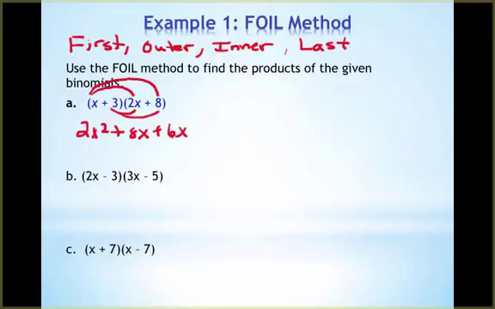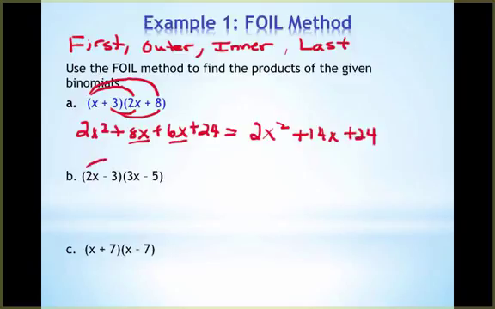And the last would be the two last terms in each binomial, which would be the 3 and the 8, which is 24. And if you notice, that really is the distributive property that we used in the previous video. So now, combining like terms, we get 2x squared, 8x plus 6x would be plus 14x, and then plus 24.